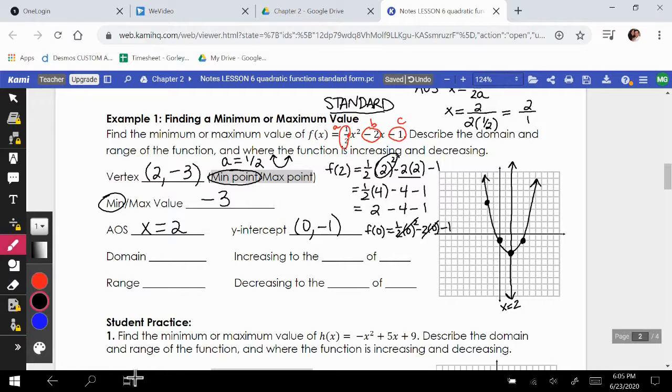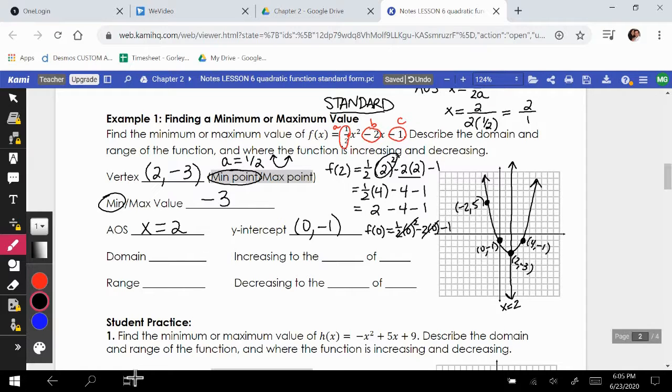That looks better. Okay, there's the point (-2, 5). We should see (0, -1), which we do see. We should see the point (2, -3), which remember that was the vertex or the minimum point. And then we have (4, -1) right here. So all that is looking good. I see all of those points.